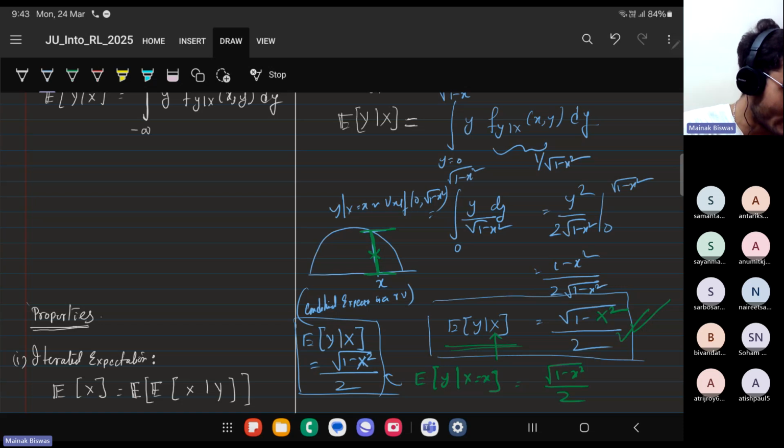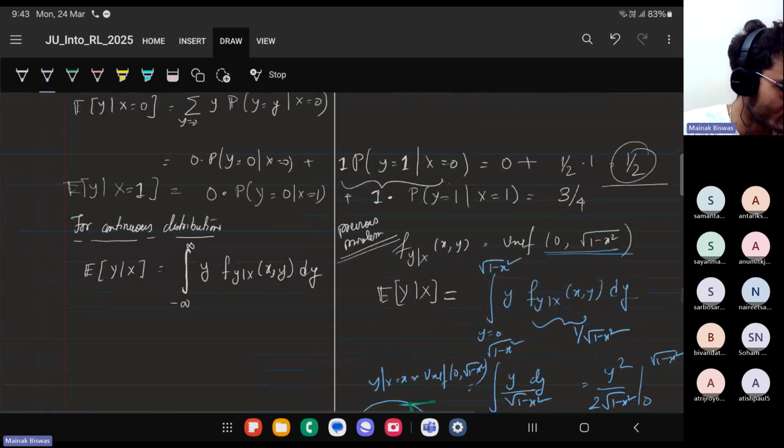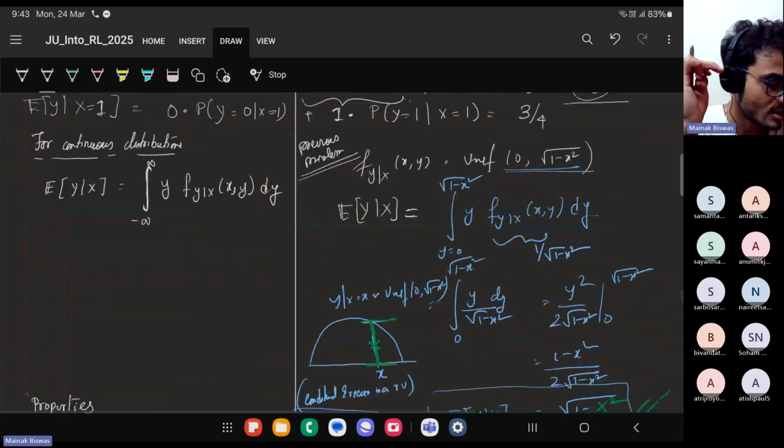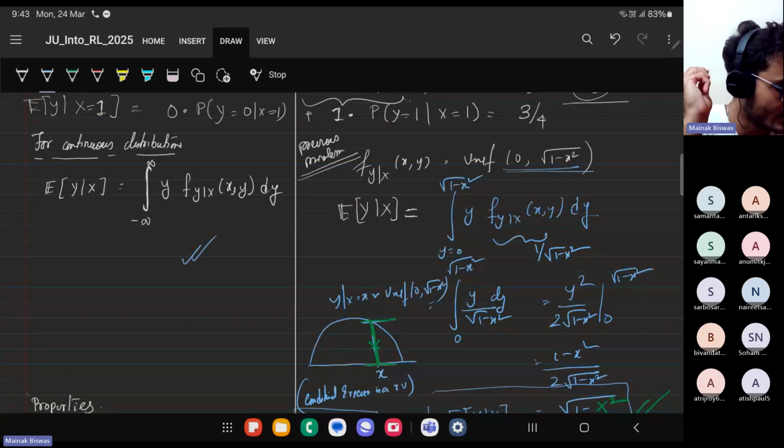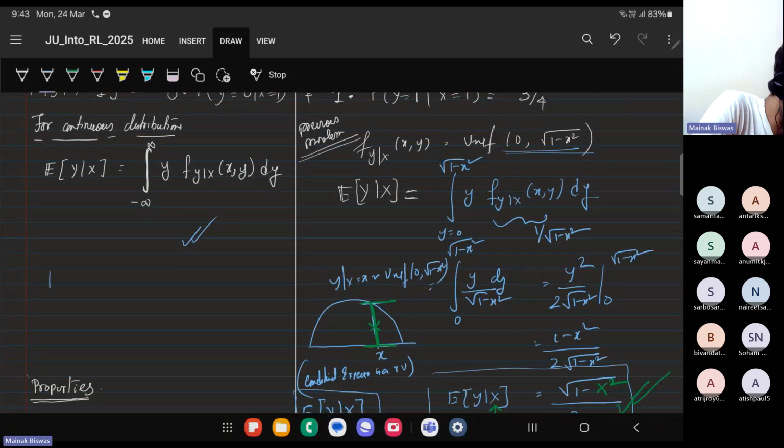Because we're at the end, there's only one question left before we stop. So if there are any other doubts, please stop me and ask. Fine. So this also we have done for continuous random variables. We found out the expected value of Y given X can be a function of a random variable, say g of the random variable.